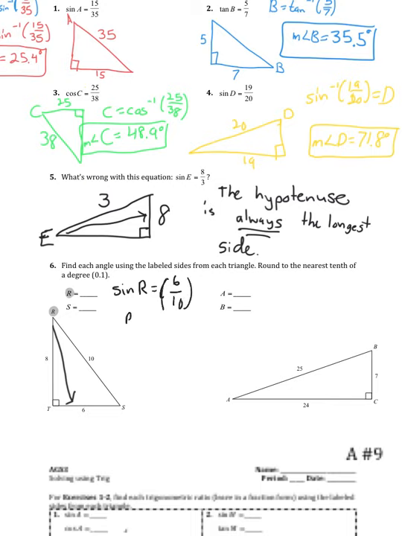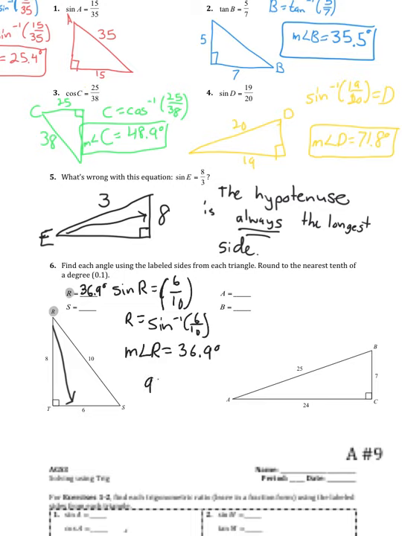And then I'll find the sine inverse of 6/10 equals angle R. So I end up getting the measure of angle R equals 36.9 degrees. All right, that's what I get for angle R there.